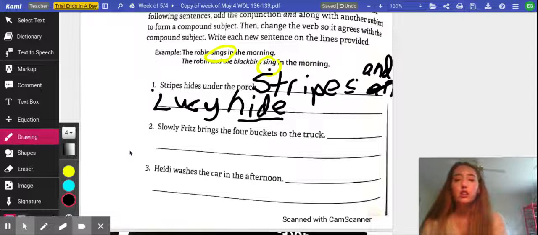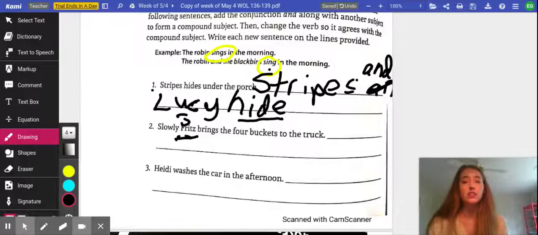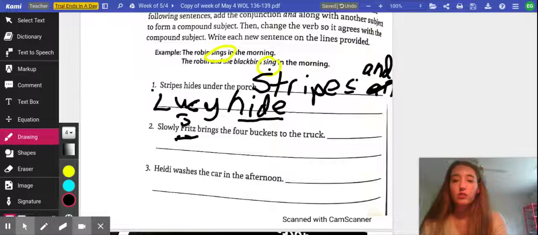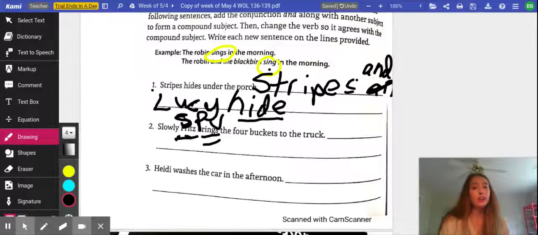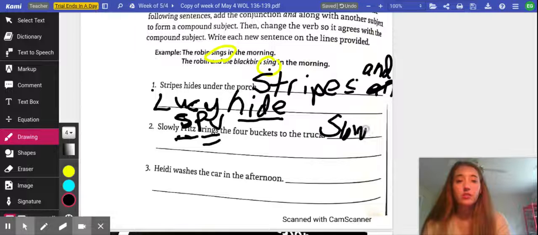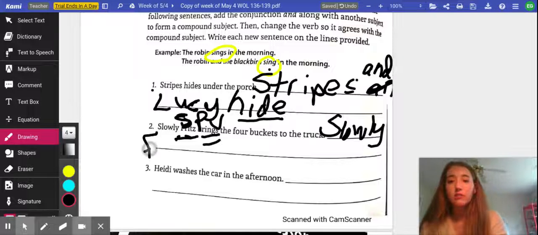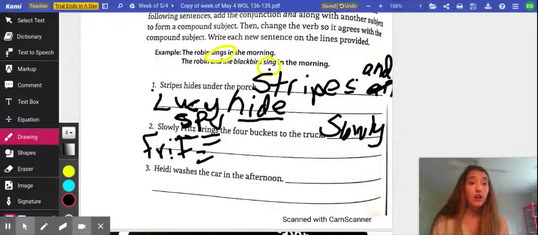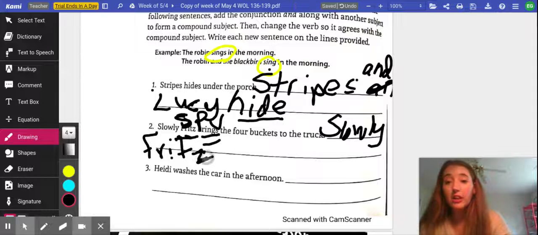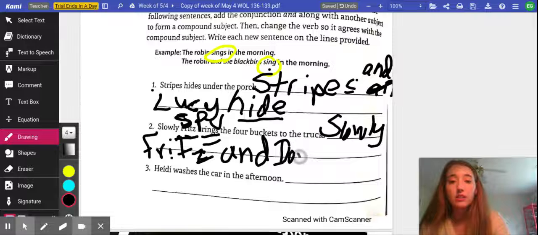For the next one, you've got your subject, Fritz. Slowly, Fritz brings the 4 buckets to the truck. Fritz brings is our predicate verb. So you are going to add another subject here. So it could be, for example, slowly, Fritz and, using another of our names for class, let's do Dominic. Slowly, Fritz and Dominic.